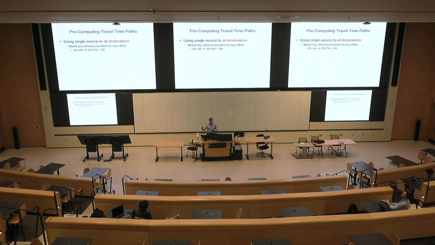Don't stop when you hit the target intersection, because there isn't just one target intersection. Keep going till you've explored the whole graph, so the wavefront is empty, or keep going till you've hit every single target intersection. That also works. They're going to work out to be about the same speed. Every single call to this new variation on Dijkstra's algorithm gets me an entire row of my matrix.